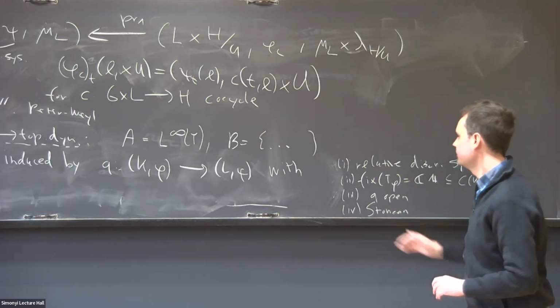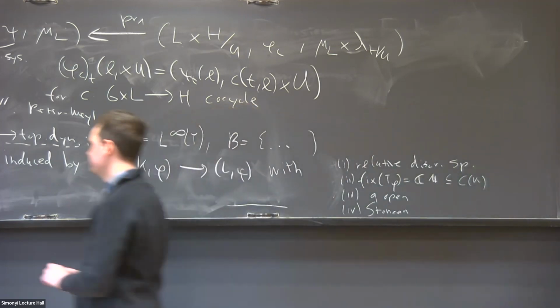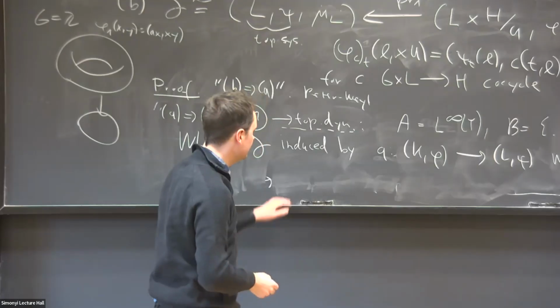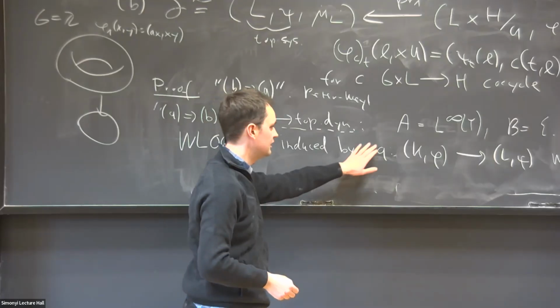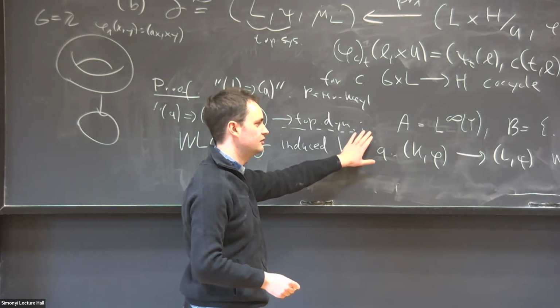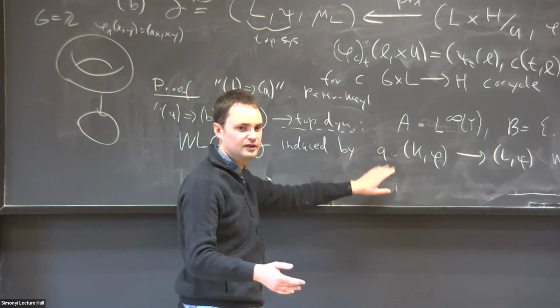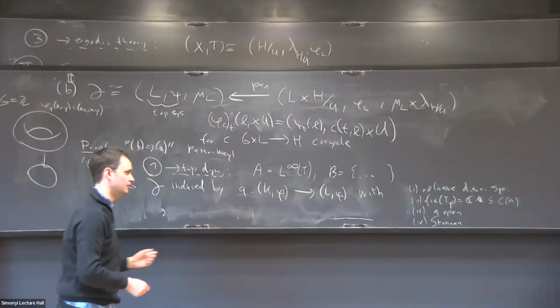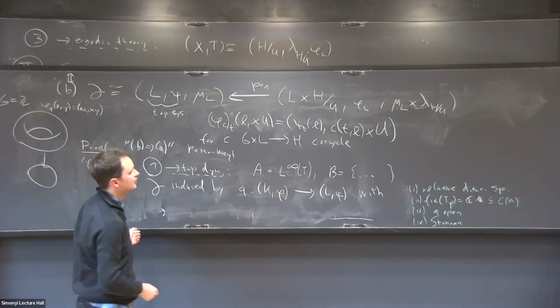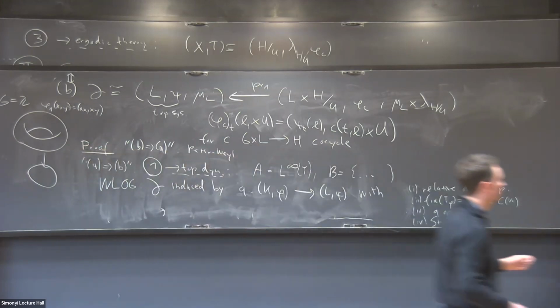Okay, and we will now use these four points to show that we can again represent such a topological extension as a skew product in a topological sense, and then translate back to ergodic theory in the final step.